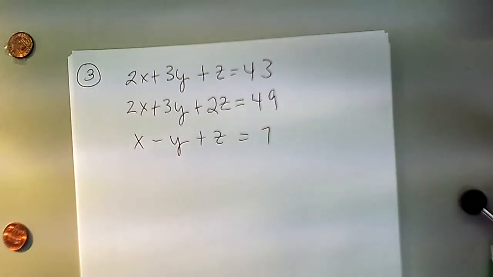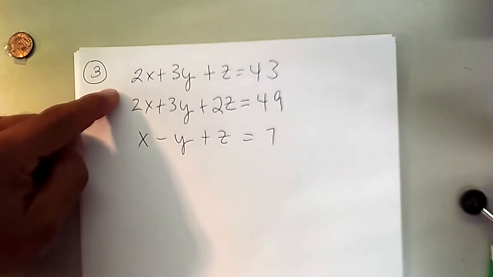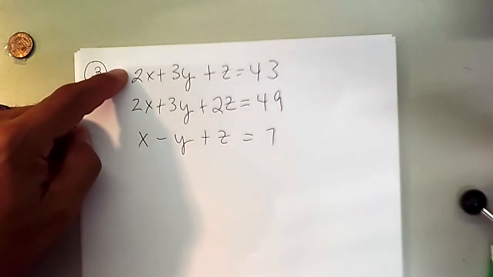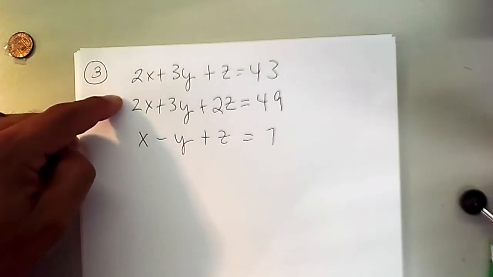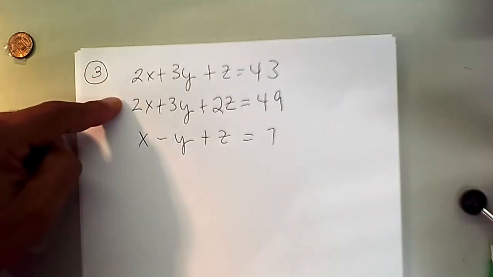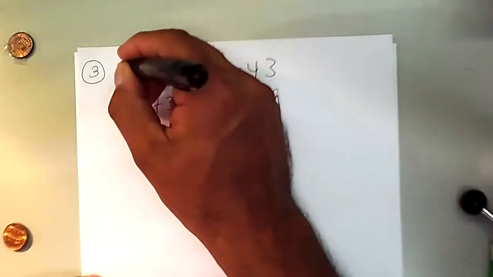Okay, and let's proceed the same way. We're going to find a multiplier of this 2 to match this 2. But that is pretty straightforward. That's going to be 1. So there's the system of equations.